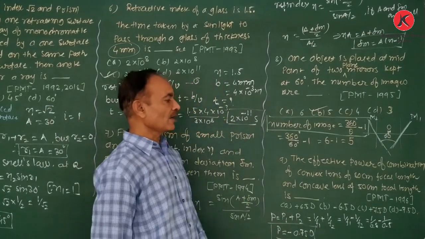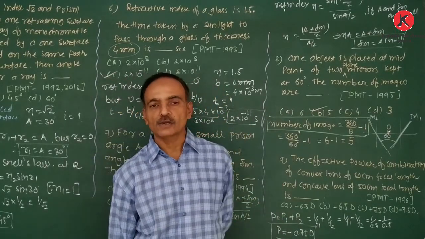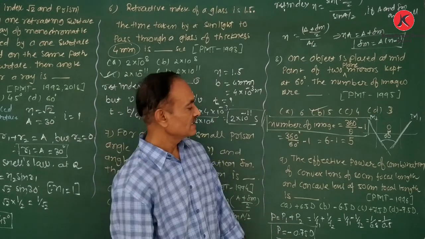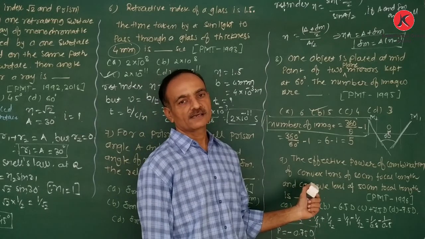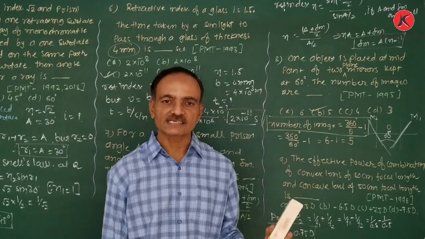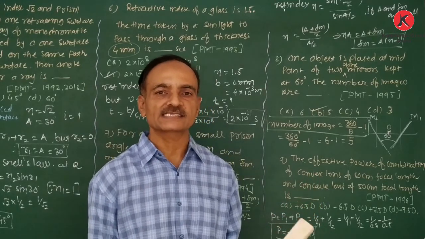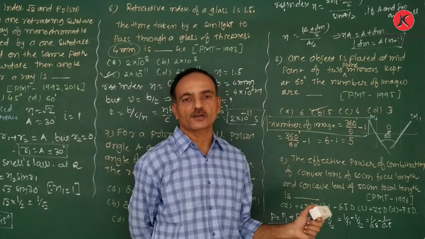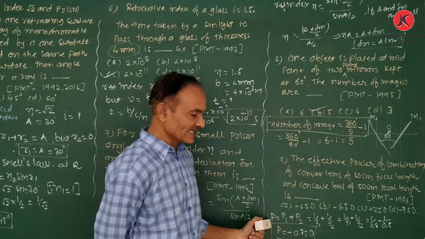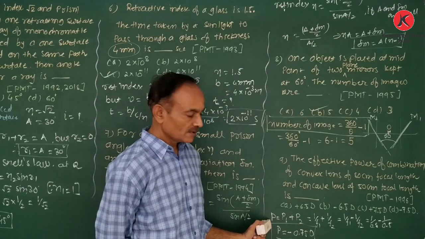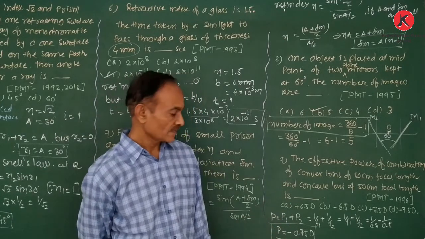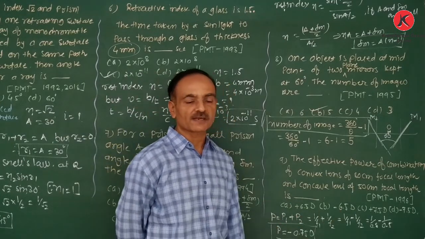Here the combination is one concave and the second is convex. That means one convex and one concave lens combination are given. A convex lens has a positive focal length, a concave lens has a negative focal length. And we also know that power is the reciprocal of focal length. Therefore, the resultant or effective power of this combination is P = P1 plus P2, here 1 upon f1 plus 1 upon f2.